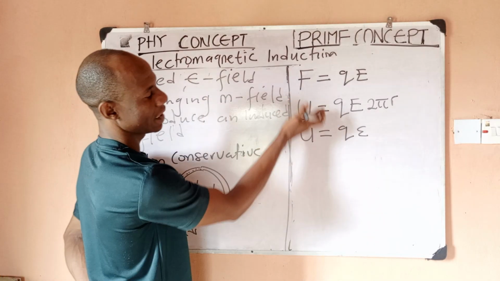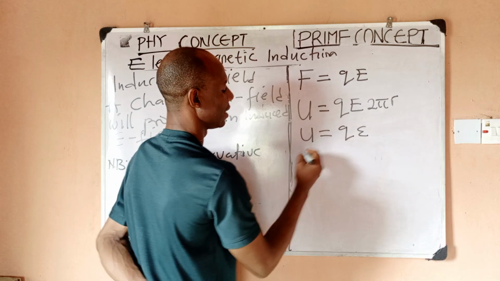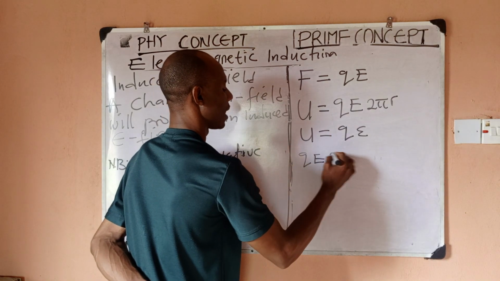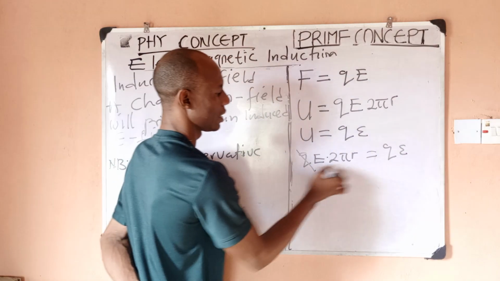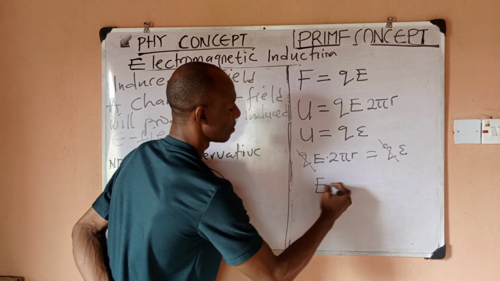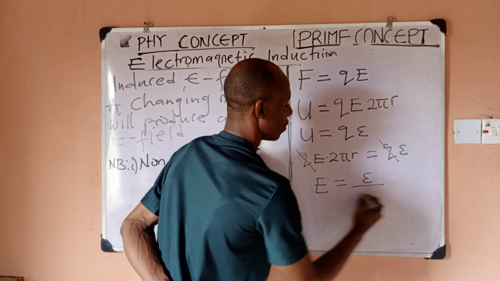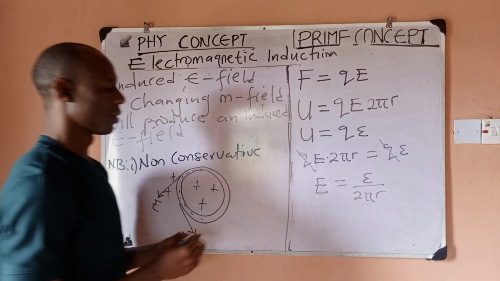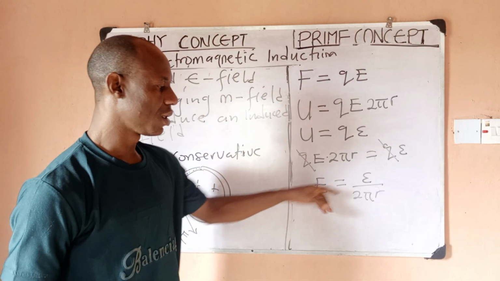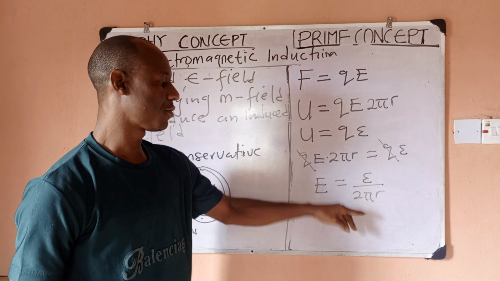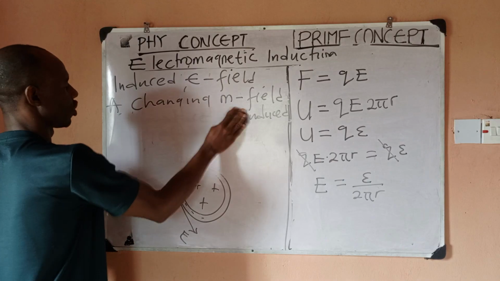If I equate these two quantities, QE times 2 pi r would be equal to Q times EMF, and Q goes, so that I can make the electric field E equal to EMF over 2 pi r. So the formula for the induced electric field is E equals EMF over 2 pi r. That is a very important relationship.